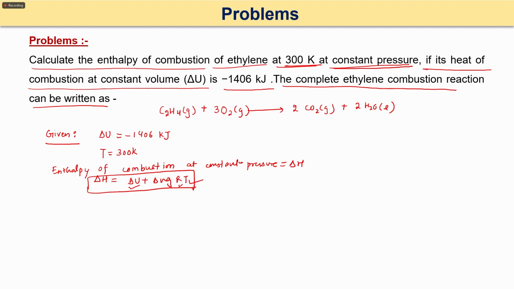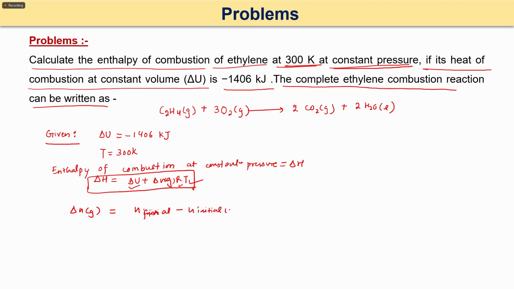So now we have to calculate this delta Ng value. Delta Ng will be equal to number of moles of gases in final minus number of moles of gases initially.